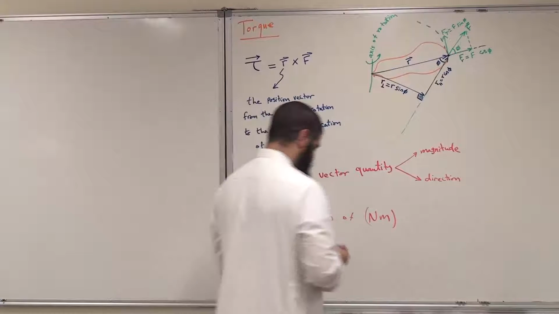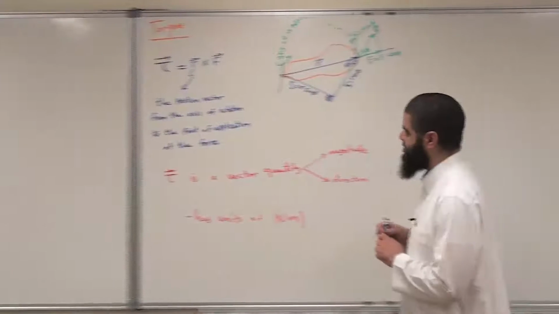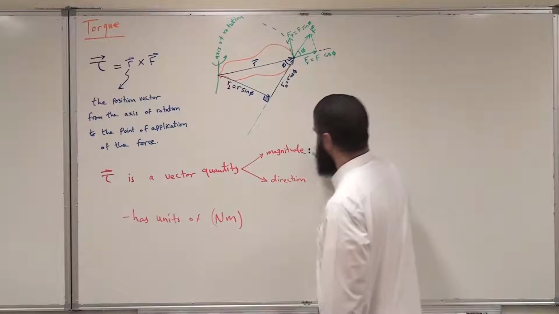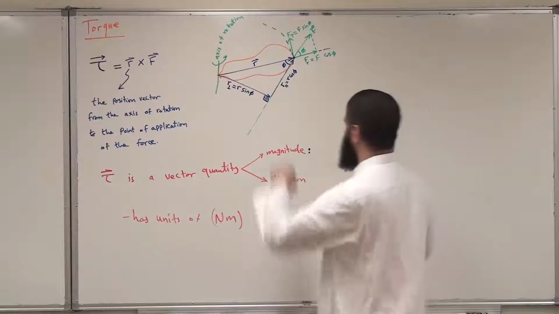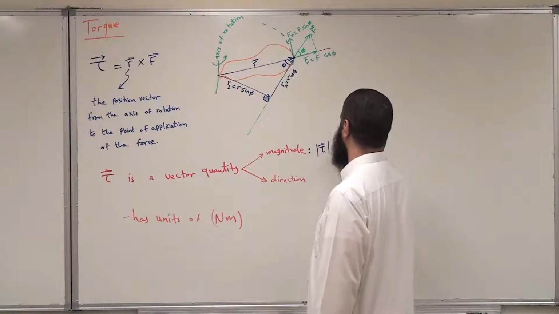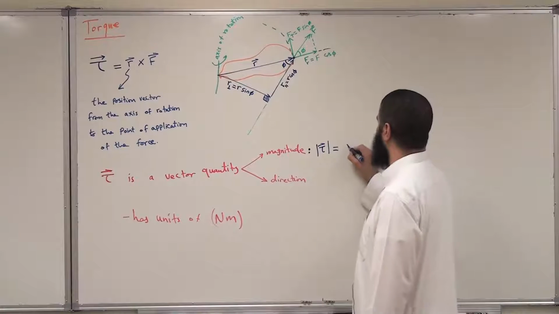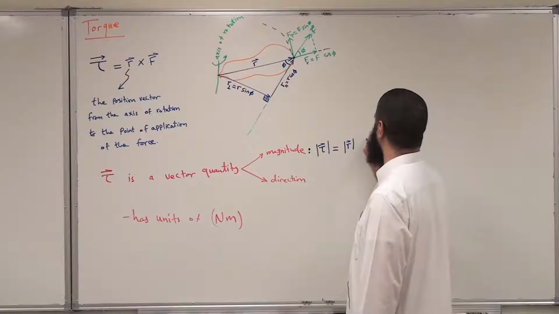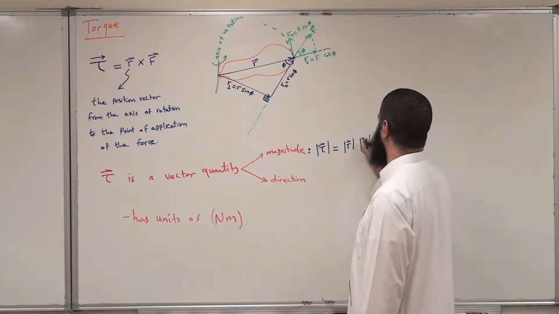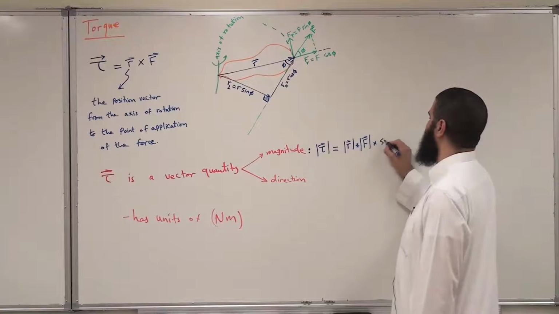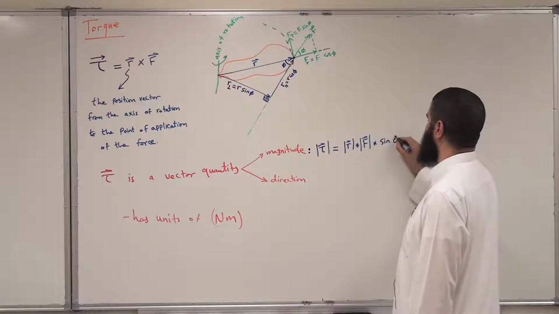Let me elaborate more on the magnitude. What is the magnitude for a cross product, which we studied before? The torque magnitude equals the magnitude of the position vector multiplied by the magnitude of the force, multiplied by sine of the angle between these two vectors.